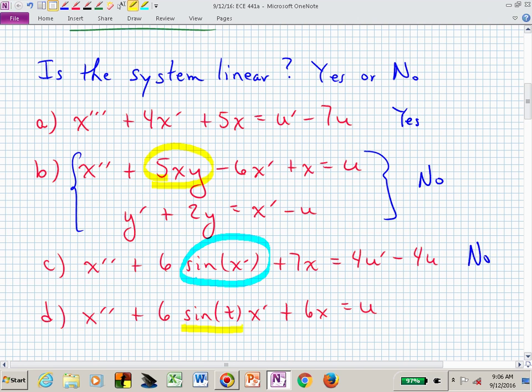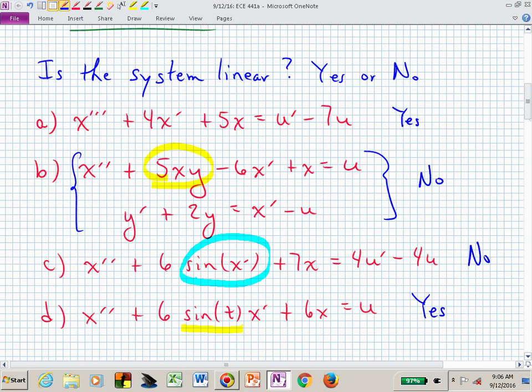It's not a nonlinear operation on any of your state variables or inputs. It's not a cross product term. So in fact, this particular system has time varying coefficients, but it's linear. We probably won't be dealing with time varying coefficients in this class, but that does not constitute a nonlinearity in system D.